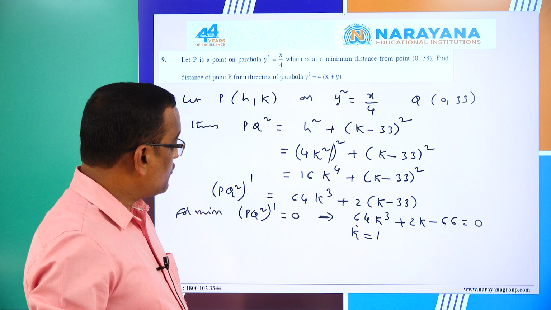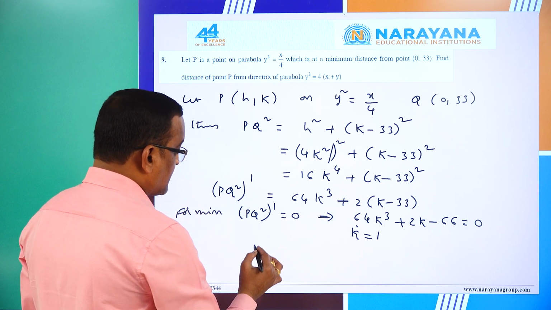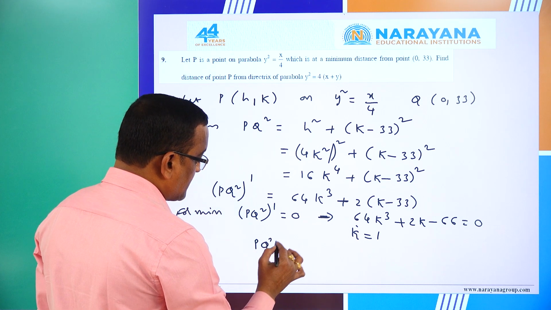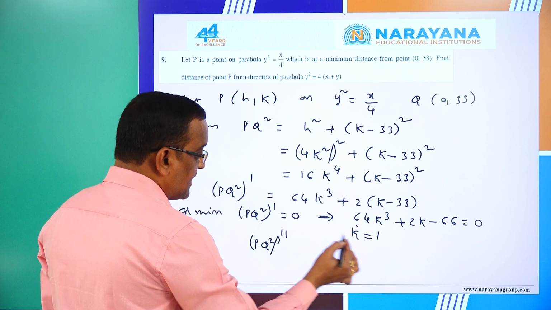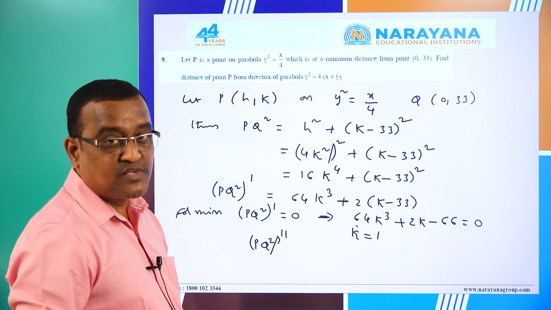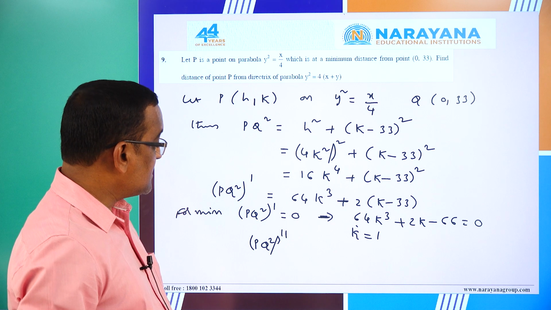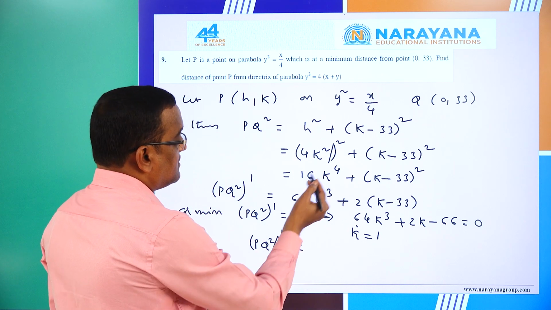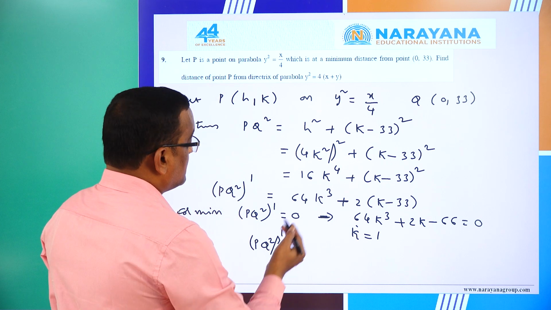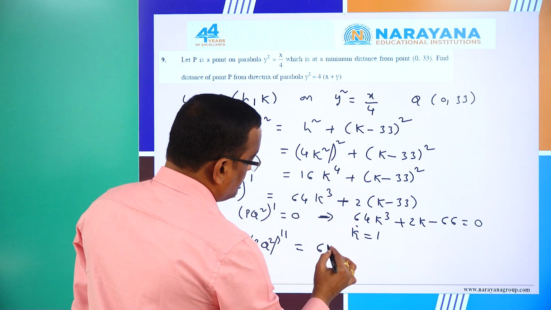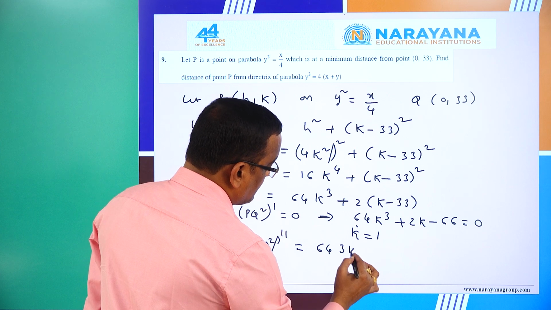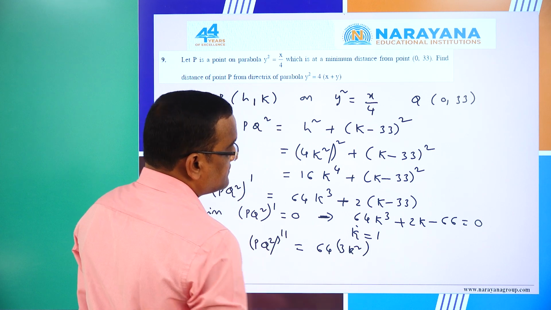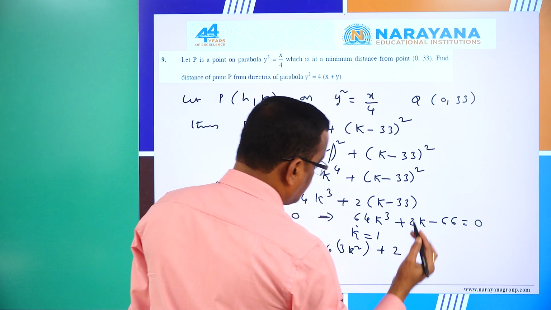And at k equal to 1, what about its second derivative? I am going to check whether at k equal to 1 PQ square is minimum or not. That is why I considered PQ square double dash. The derivative of this is 64 into 3k square plus 2.